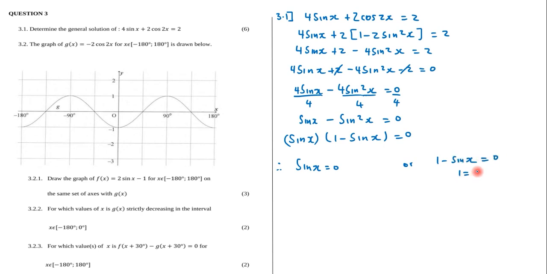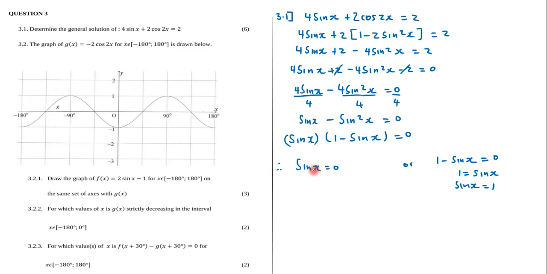Basically it means 1 is going to be sine x, or you can just write it as sine x being 1. Now, this matters a lot when it comes to general solution, right? When you have it this way, you have to first apply the general solution from this trig ratio and do the same thing on that trig ratio. So let's go ahead and start with this one.